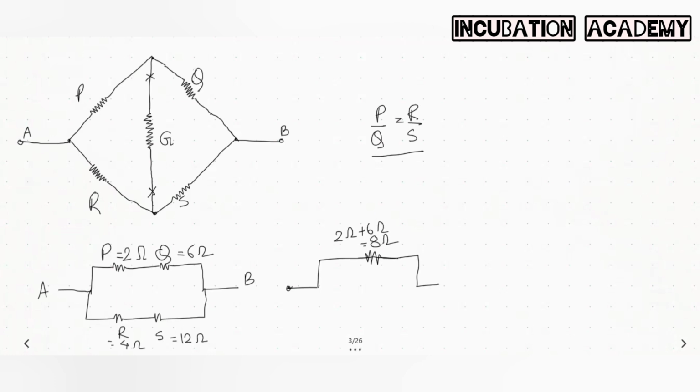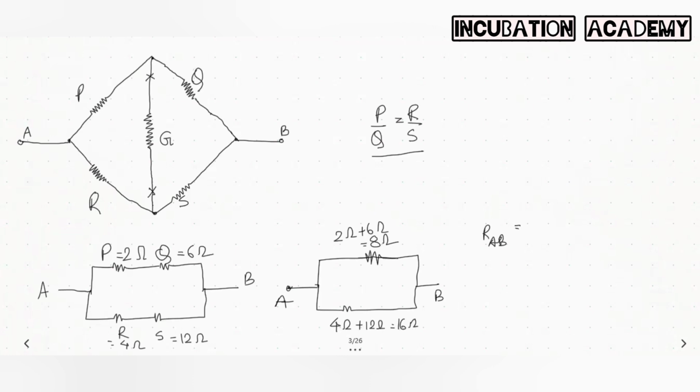What is the equivalent in the lower branch? The 4 and 12 are in series, so 4 ohm plus 12 ohm, that means 16 ohm. Now 8 ohm and 16 ohm are in parallel. If we want to find the equivalent resistance between A and B, we can use this formula: RAB equal to R1 into R2 divided by R1 plus R2.